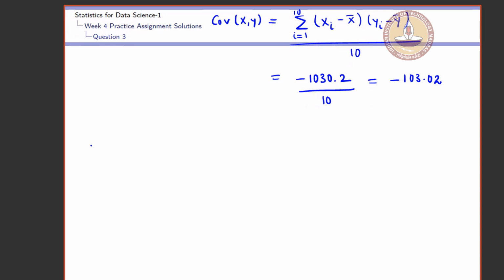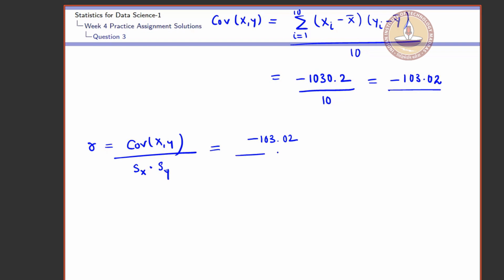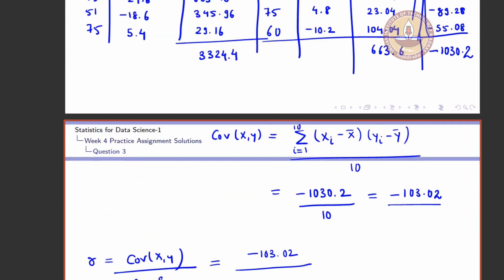The correlation coefficient R is the covariance of xy divided by the product of the standard deviation of x and the standard deviation of y, where x represents the marks obtained by students in statistics and y represents the marks obtained by students in mathematics. So let's solve it. The covariance is minus 103.02. What is the standard deviation of the statistics exam score?